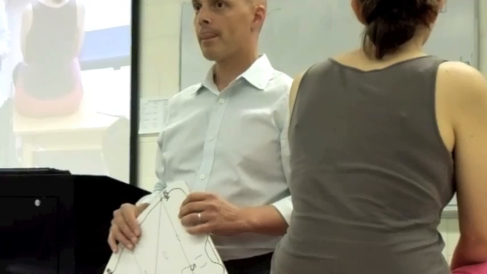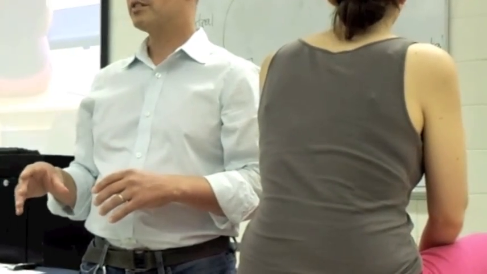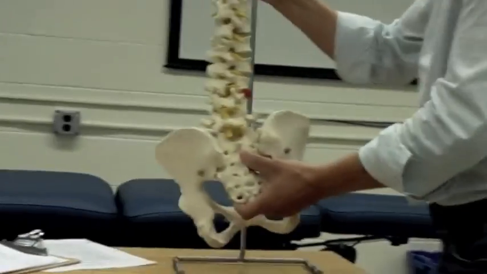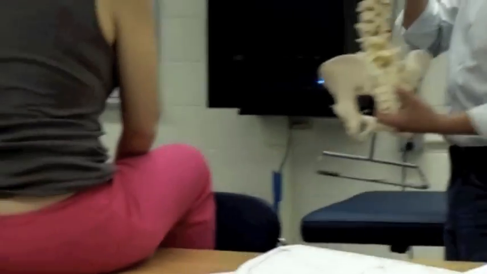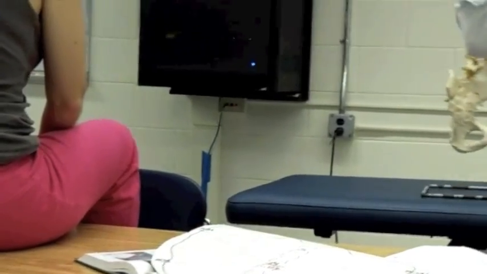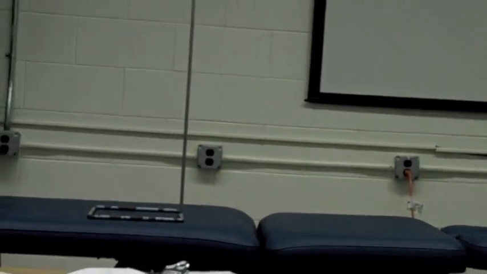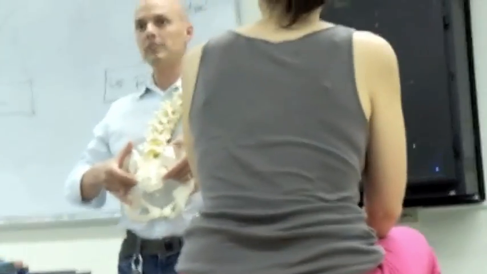So in flexion, can you just see how you find the ILAs? The ILAs will be palpable in any position, flexion, extension, or neutral. What you do to find the ILAs is find the sacral hiatus here, and then move laterally.